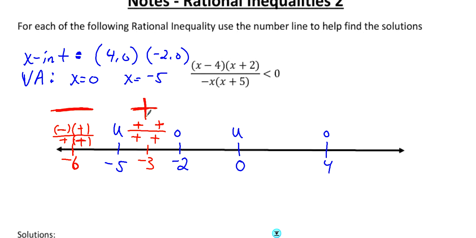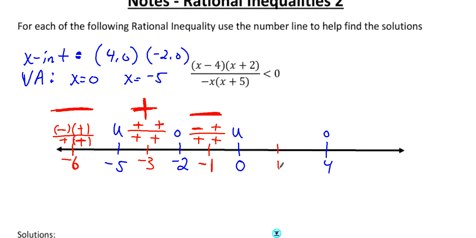So here it's positive. Then I'm going to pick a number between negative 2 and 0, like negative 1. When I pick negative 1, I get negative, positive, positive, positive. So this is negative.